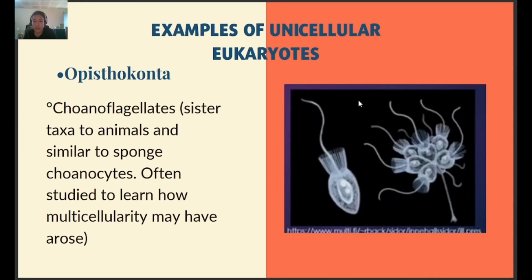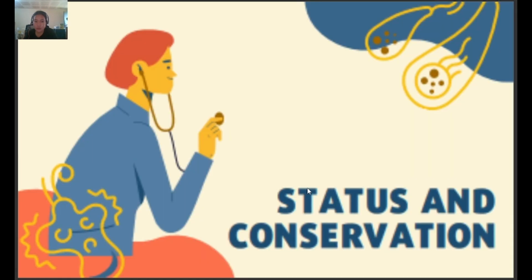They are sister taxa to animals and similar to sponge choanocytes, often studied to learn how multicellularity arose. As for conservation status, these multicellular eukaryotes, specifically protozoans, are not extinct.